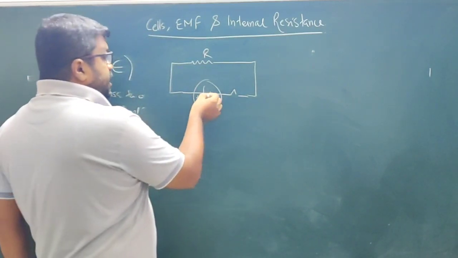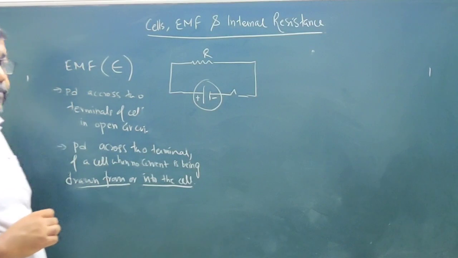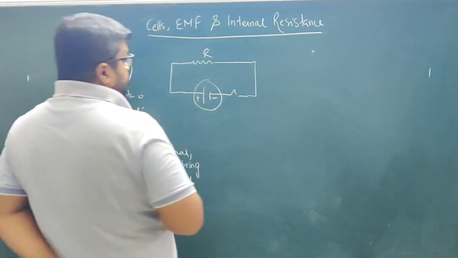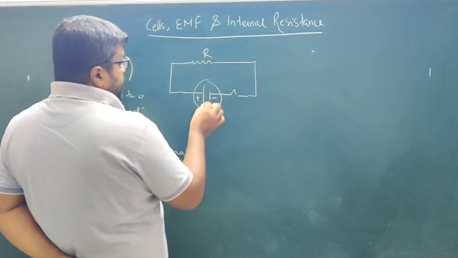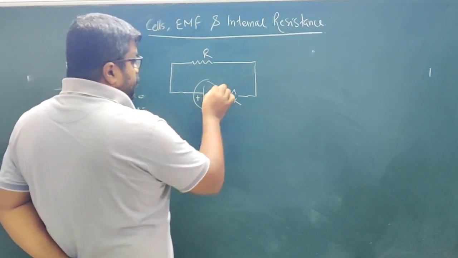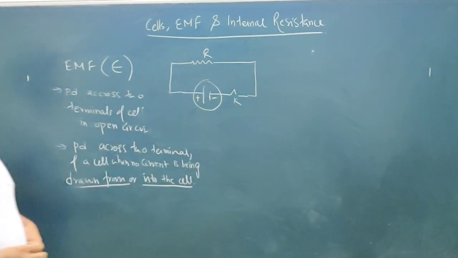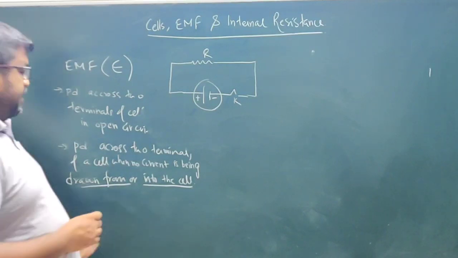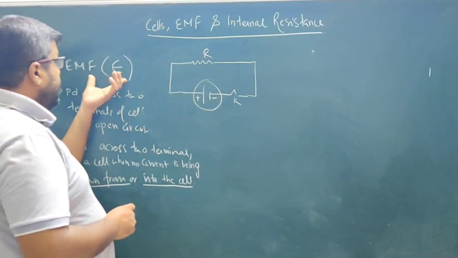Inside the electrode you have electrolyte. Now see, when this key is open and you are measuring the potential difference across the two terminals of a cell, you are getting EMF.